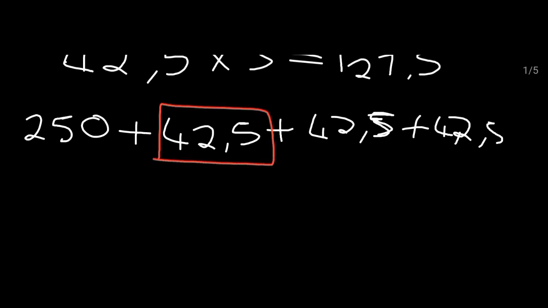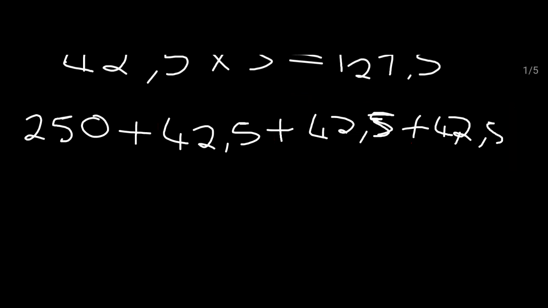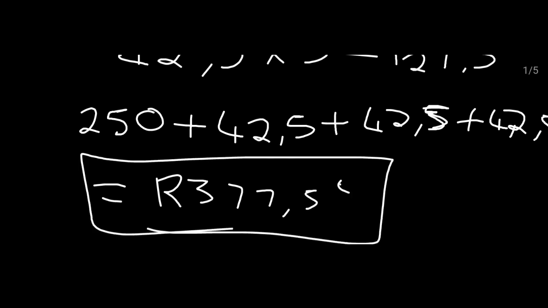First year they add the interest amount, second year they add the interest amount, third year they add the third amount. Then in total the person owes 377.5. Let me write it here.